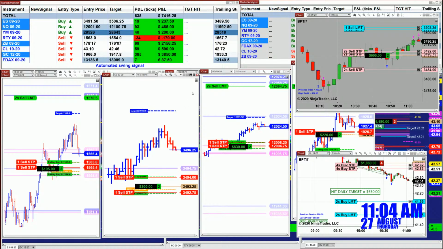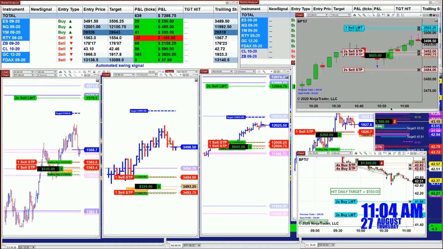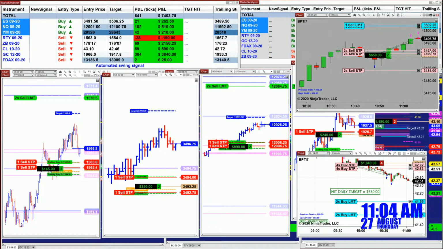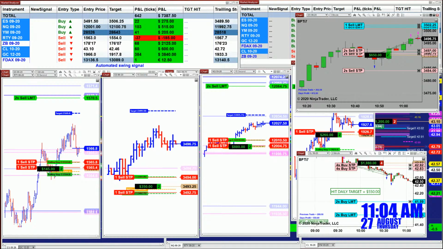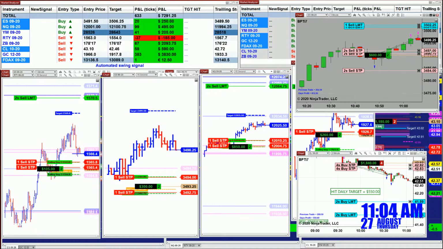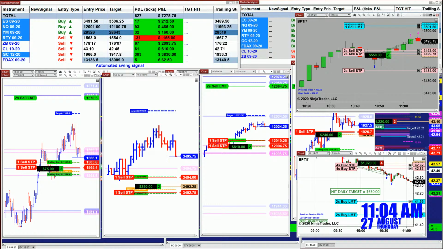And let's see. We still have two trades on the ES here with the automated trade, but it's already broke even, so we're not worried about it anymore. We have a small trade on the CL.